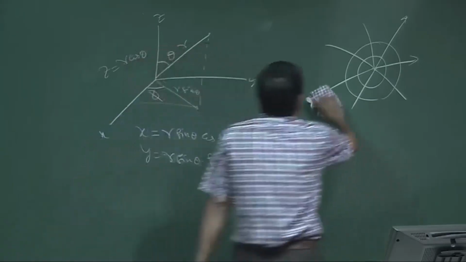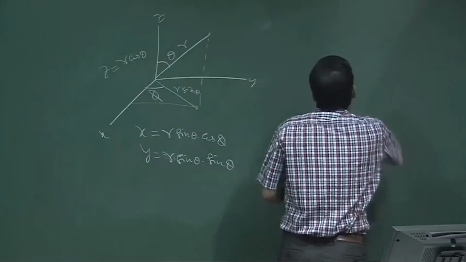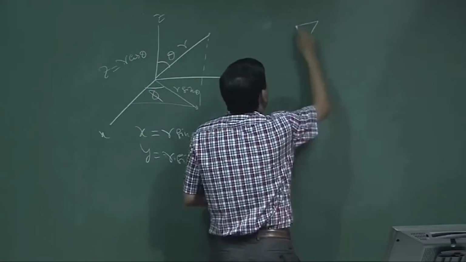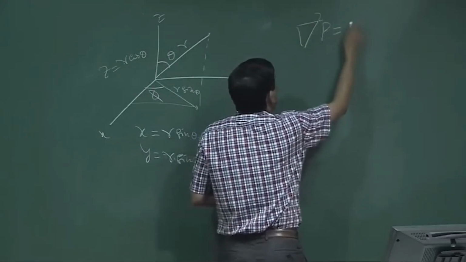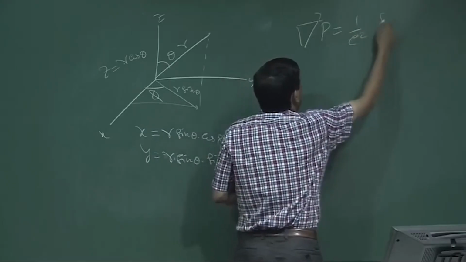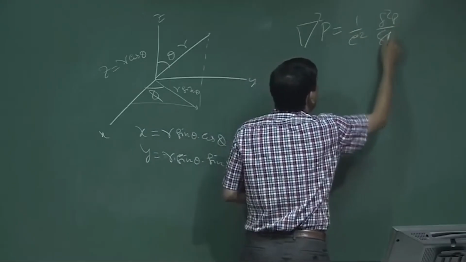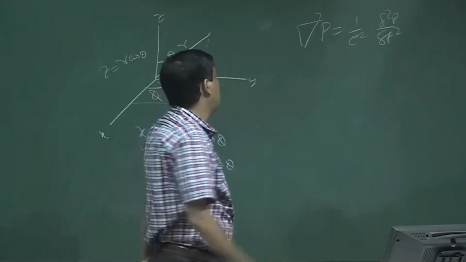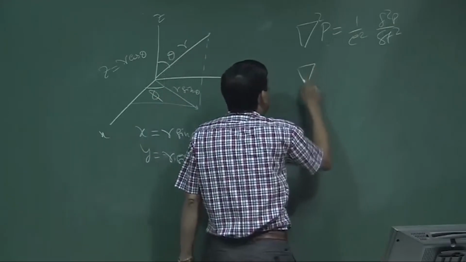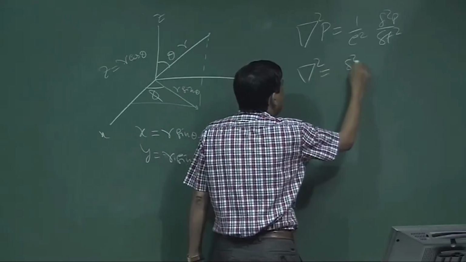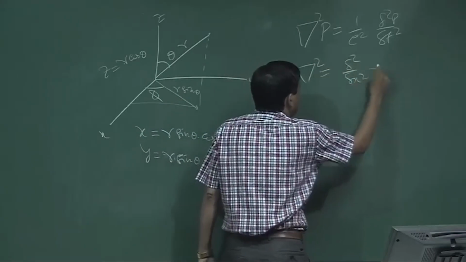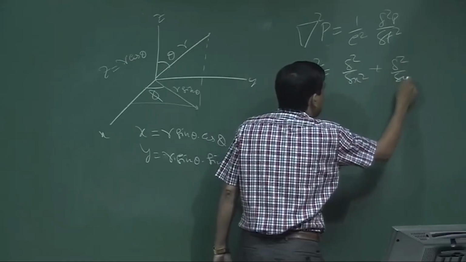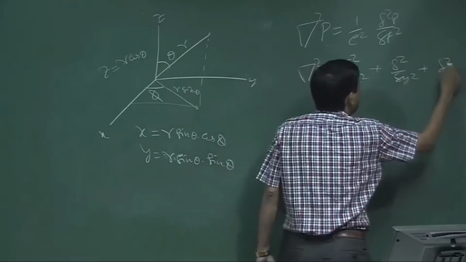So, what is the wave equation? The wave equation is del square p equal to 1 by c square del square p by del t square. This is the linear wave equation. Del square is del square by del x square plus del square by del y square plus del square by del z square.